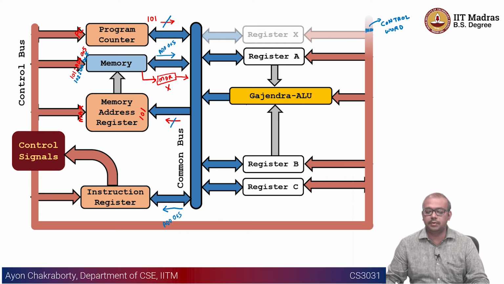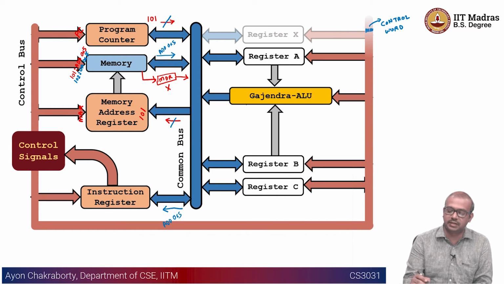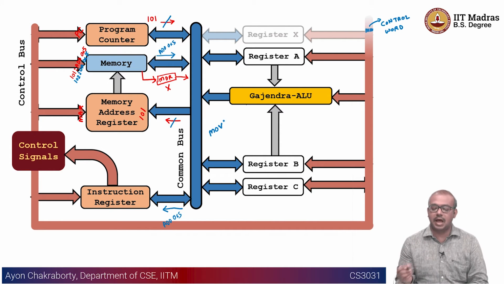So if you want to even execute an instruction, let's say there's a typical data movement instruction called move. The move instruction is typically associated with moving the contents of one register to another register.